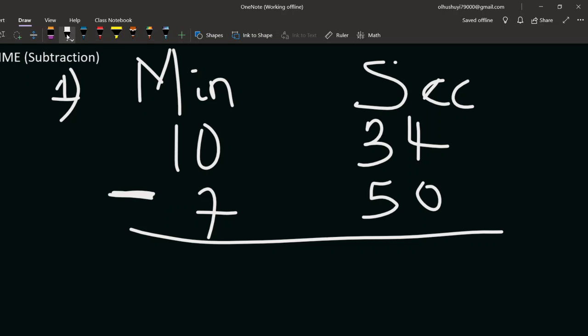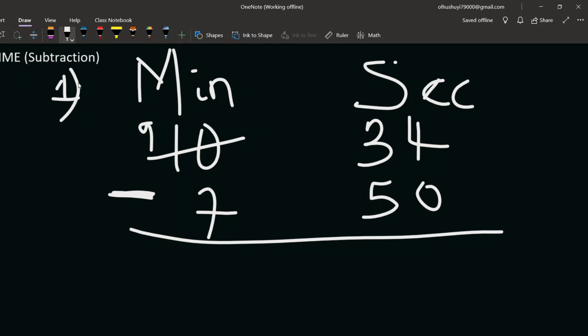You're working with this. You have to subtract 50 from 34 seconds. So you are removing 50 seconds from 34 seconds, which is obviously impossible, except you borrow from here. So you have 9 minutes left.